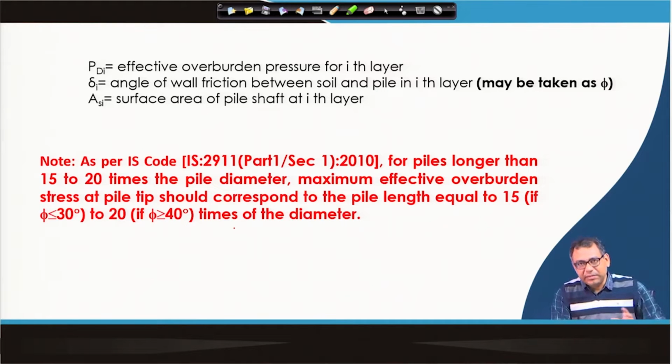If the phi value is in between, that means loose to dense, then you have to take the critical depth accordingly. And here the delta value is recommended to be equal to phi. Again PDi is the average effective overburden pressure at a particular layer, and it has to be calculated the same way as I have discussed.